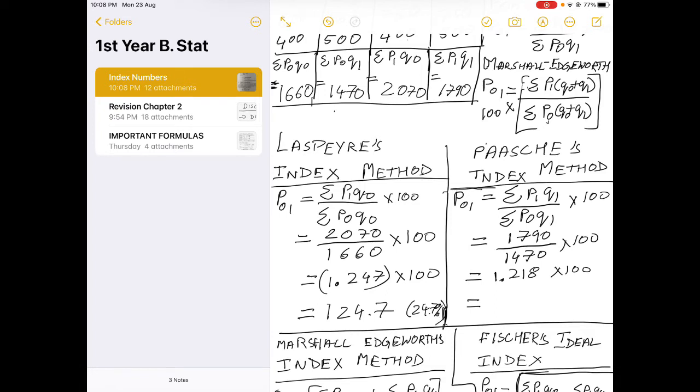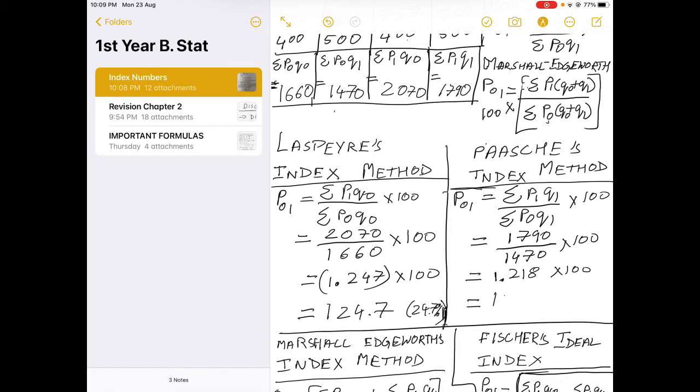Now the Paasche index method gives me the results when I take the prices of the two years, prices of 2009 in the numerator, prices of 2005 in the denominator, but quantities of 2009. When I take these values, P1 Q1 summation comes to 1790, P0 Q1 summation comes to 1470. I divide 1790 by 1470, I get 1.218 into 100.